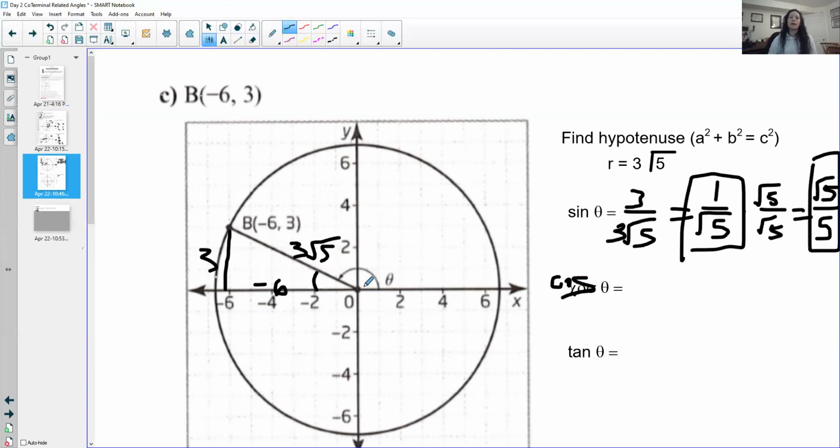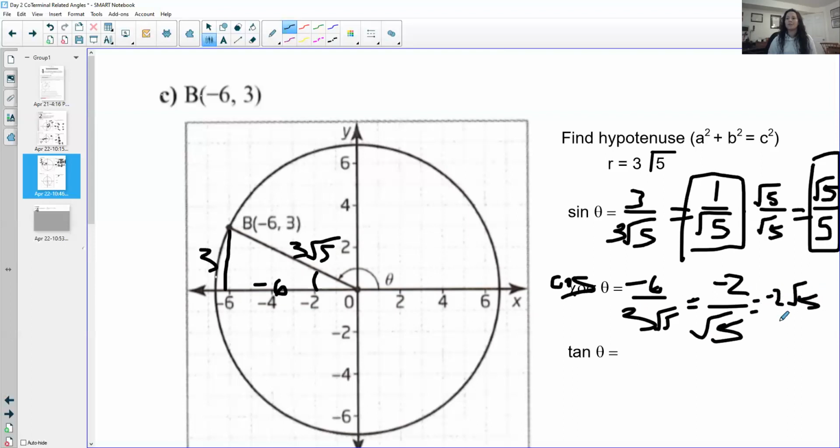Cos of our angle is adjacent over our hypotenuse. So this is -6 over 3 root 5, which would give us -2 over root 5. And if you decide to rationalize the denominator, you would have ended up with -2 root 5 over 5. So you could have written it this way or the second way.